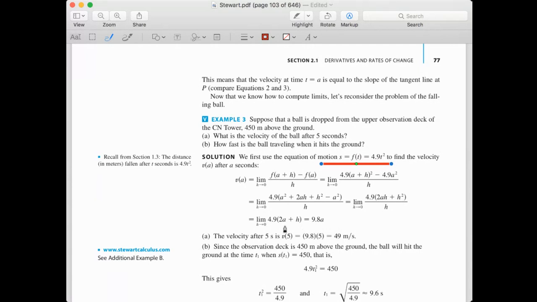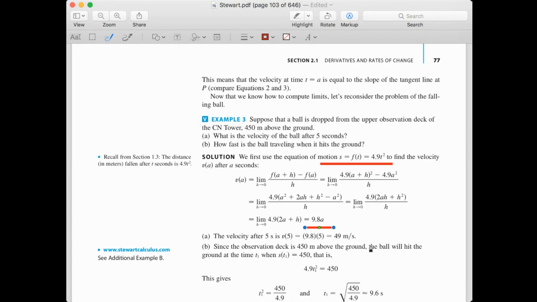We can simplify that. We have 4.9 times 2A plus h. Now we have no problem plugging in h equals 0. So we have 2A times 4.9, we have 9.8A. Right? So this A represents any point.